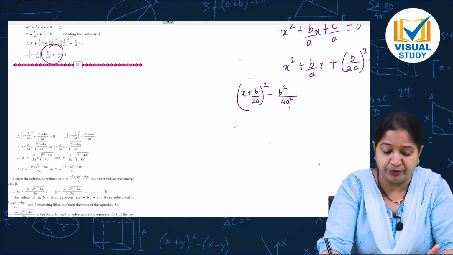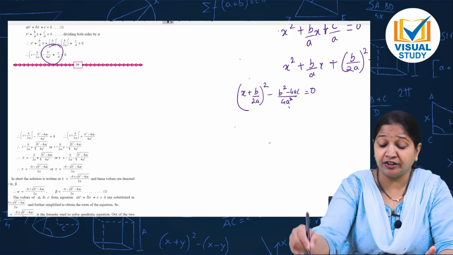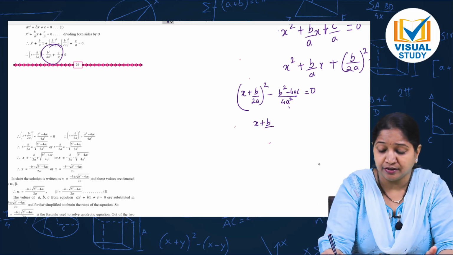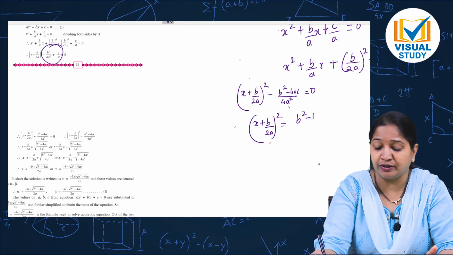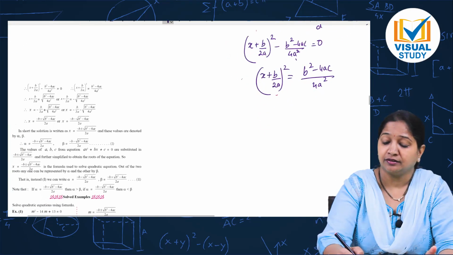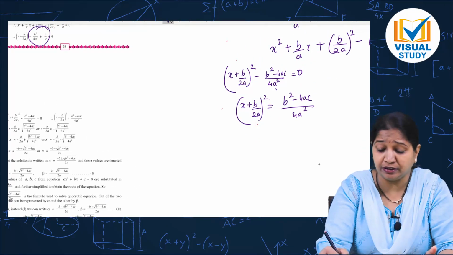You get b square minus 4ac. Shifting this to the other side, x plus b upon 2a whole square is equal to b square minus 4ac upon 4a square. This was our completing square method, na?